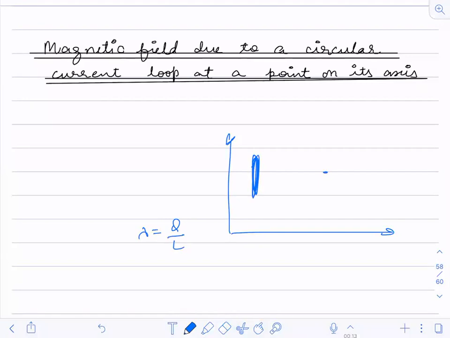You had cut an element over here, and an element over here. From this element you had drawn the electric field lines like this, and from this one like that. Then along this axis you had two electric field components, and the opposite ones got cancelled.